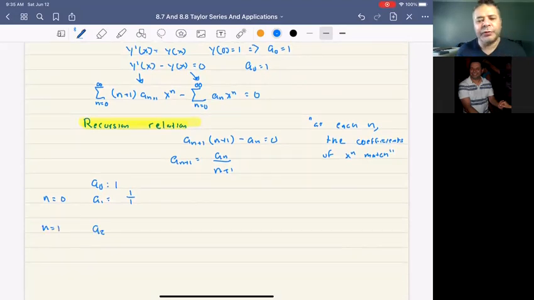A sub 2. This is n equals 1. So this is going to be 1 over now 2. Okay, starting to get a little interesting. You may think a sub 3 is 1 over 3, but you would be wrong. Okay, why? Because a sub 3 is 1 over 3 of a sub 2.